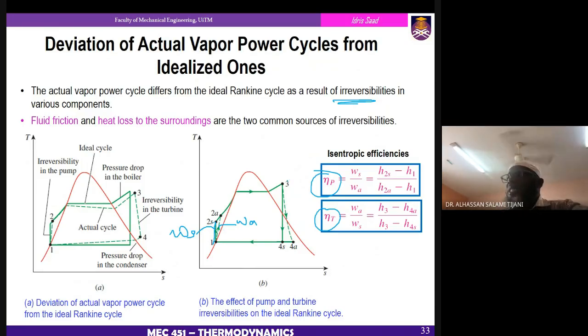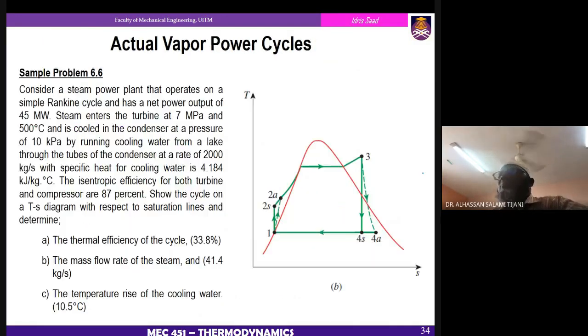Similarly, if you consider the expansion in the turbine, there will be isentropic expansion, which is this, and there will be actual expansion, which is this. So this is WA divided by WS. And it's the change in the enthalpies at various states. Again, we will be coming to these questions.